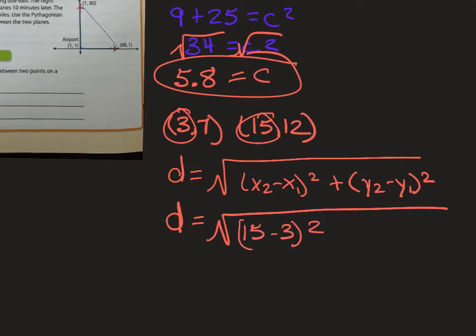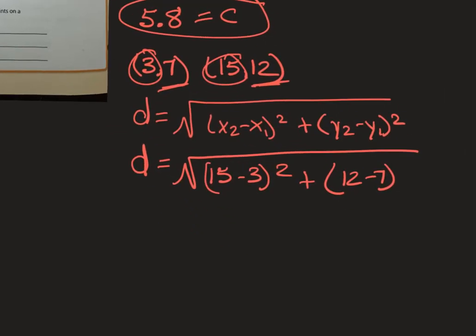Then I'll square that, plus my y is 12 and 7. 12 minus 7. Okay, and I still have to square that also. So just using these ordered pairs that were given to you. This is x1, y1, x2, y2. You just fill them right into that equation. Okay, pause if you need to.